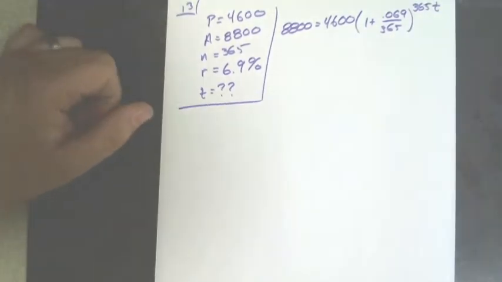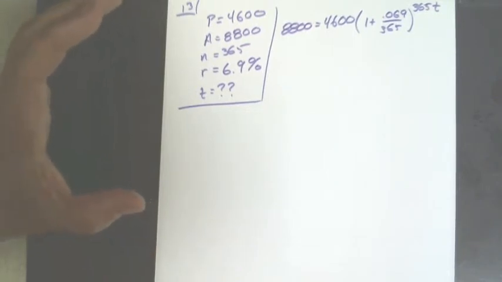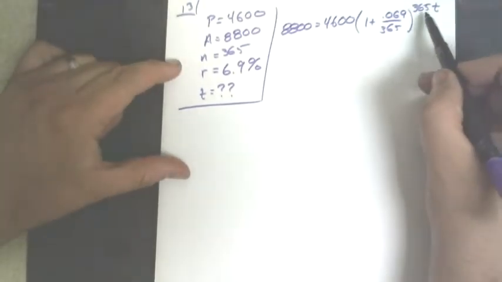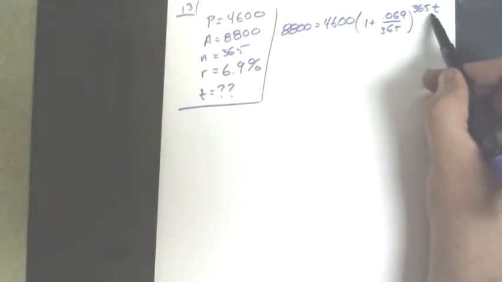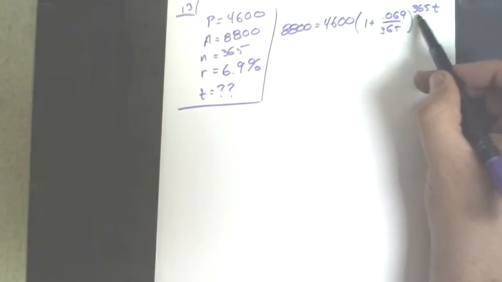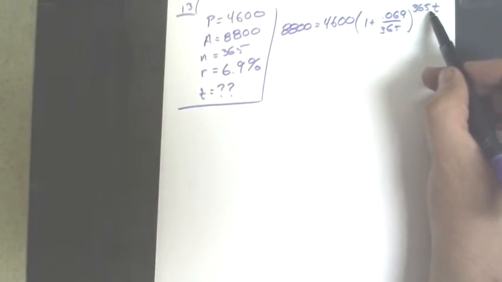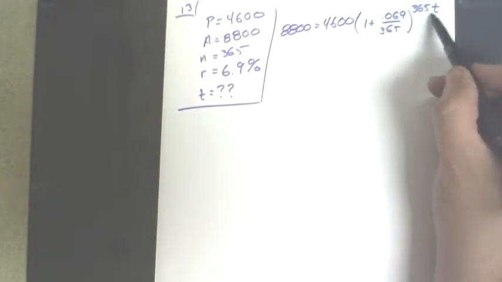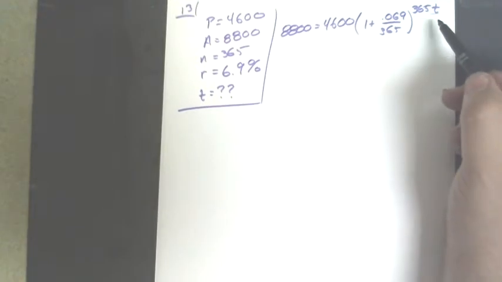We want to solve for that t. As soon as you see what you're solving for is in an exponent, you should be thinking, I'm going to need a logarithm to handle that. Just like the fact that these are multiplied together, you know eventually you're going to have to divide by 365. That should have become intuitive by this point. You want your intuition to go, hey, what I'm solving for is in an exponent, I'm going to have to use a logarithm eventually.